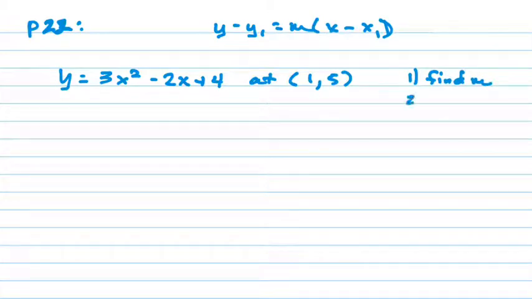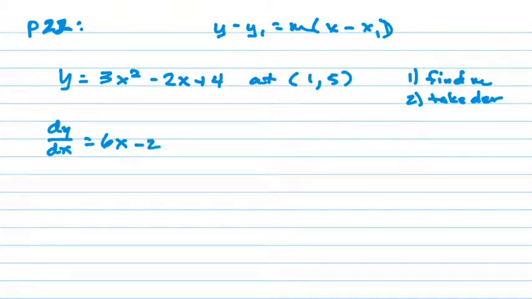Now to do that, first we'll take the derivative. This is not new, but I'm just writing out what I'm doing. So dy dx, 2 times 3 is 6, x to the 2 minus 1 is x, 1 times negative 2 is negative 2, the x disappears because it becomes x to the 0, and of course the derivative of the 4 is 0. So there's our derivative. What's the next step in finding the slope?